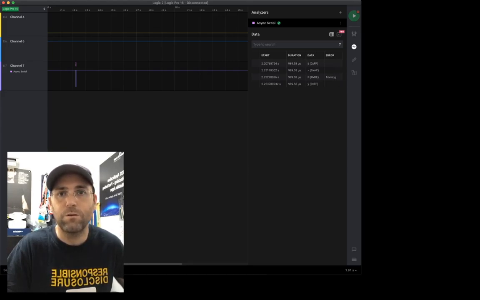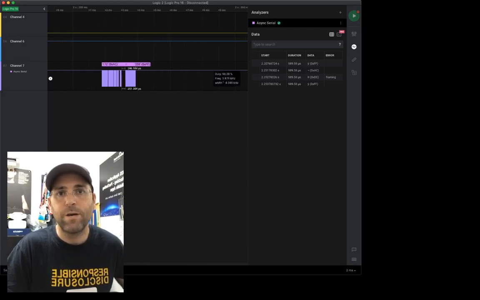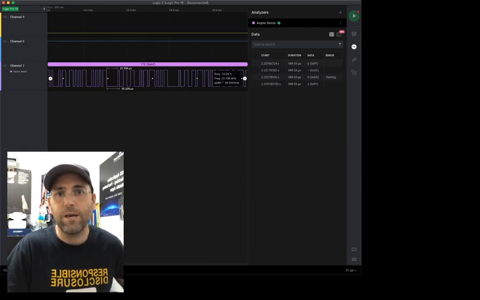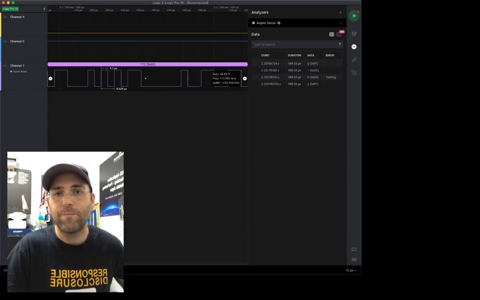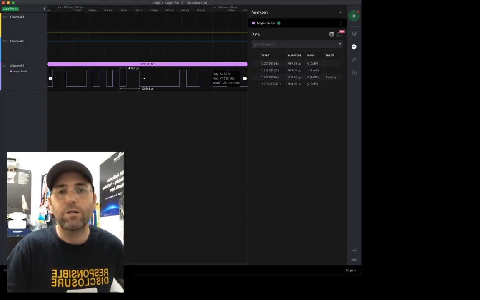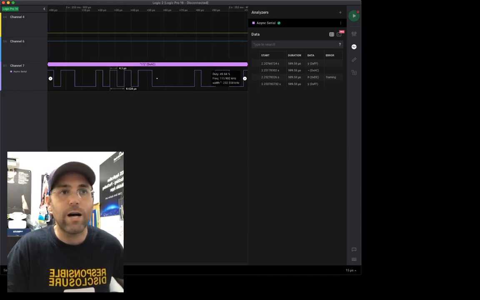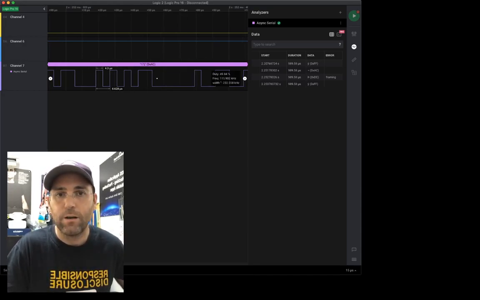So what we do, we zoom in, and you see how the protocol changes its state from 1 to 0 and 1 to 0 and 1 to 0. We want to have this time measured in order to tell the async serial analyzer what is the correct baud rate or bit rate for the specific communication.